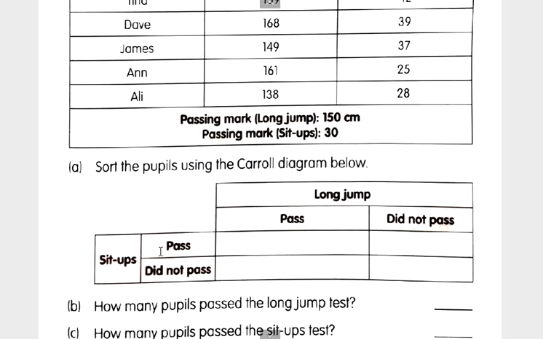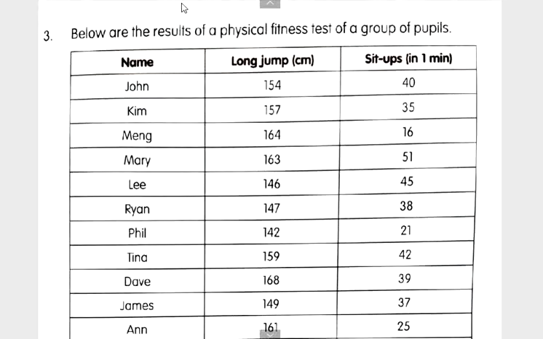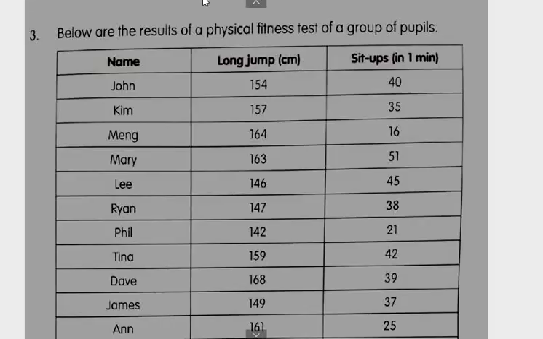Who have sit-up pass? So it is above 30, right? Because the mark is 30. So find those who have the number of sit-ups above 30. So I have to help you a bit.